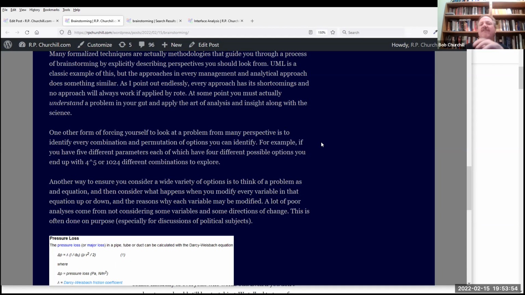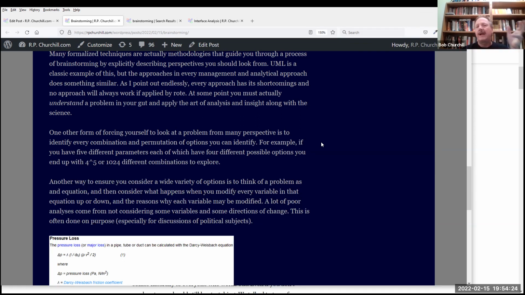If you have a problem where there are several different aspects, and every one of those aspects might have several different values, you'll want to examine those in every combination and permutation, and that might help you figure out what the best approach is.